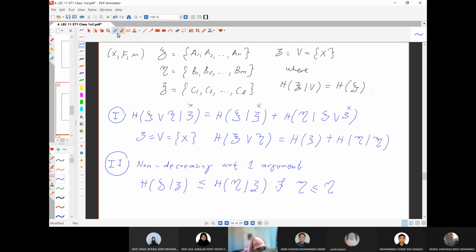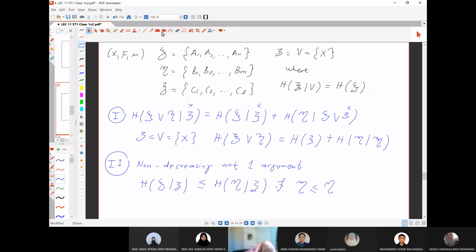So for non-decreasing with respect to one argument, the first argument psi here given that zeta, the entropy of this will be less than or equal to the entropy of the second with respect to the zeta.